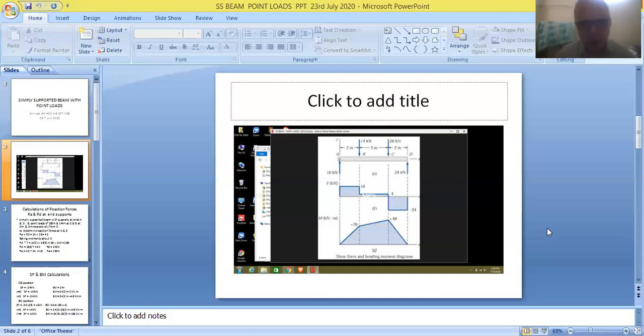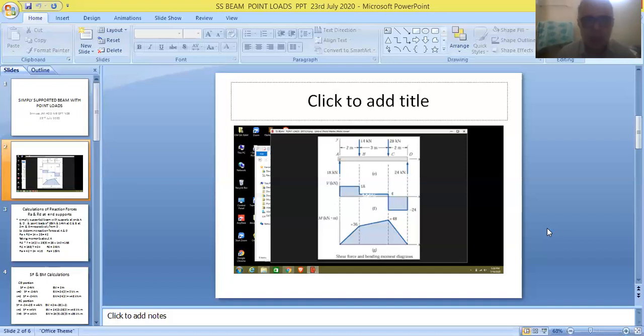It is prepared by using the values of shear forces at different points in the beam. That's why it is called a shear force diagram. And similarly, we take the values of bending moments and prepare one more diagram, called a bending moment diagram.